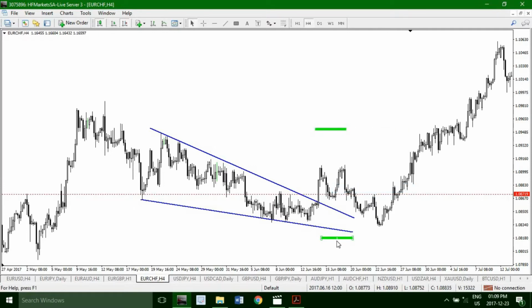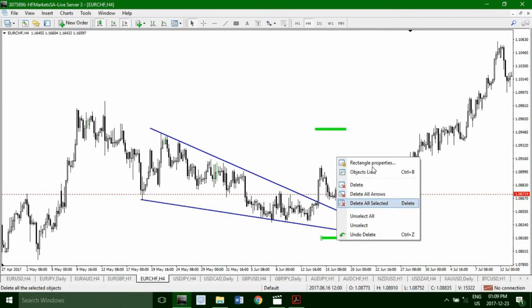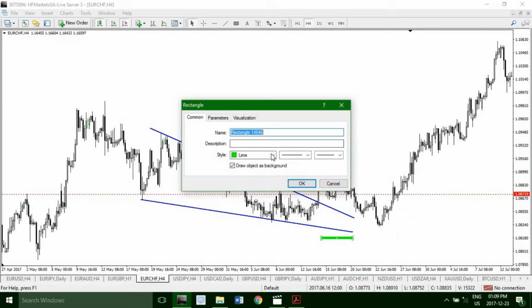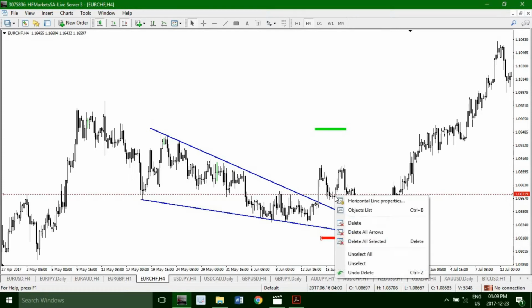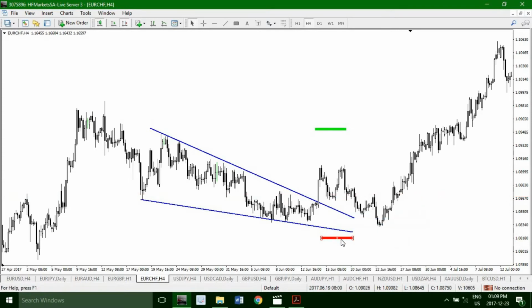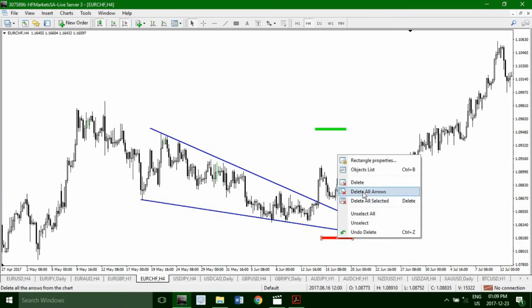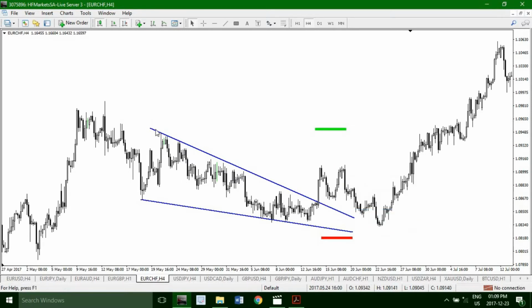Let me change that color to red. So yeah, guys, you can see it's still easy with this one. Price consolidates, we officially have our break over there.